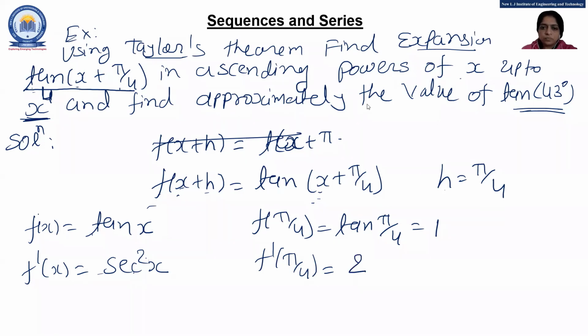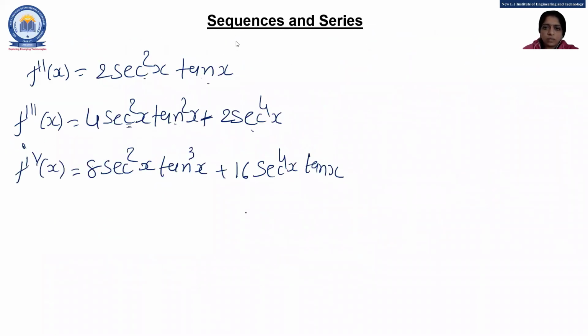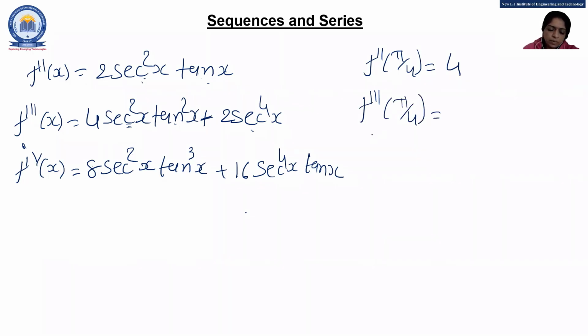For the third one, f double dash pi by 4, substituting the values, tan pi by 4 is 1, this is 2, 2 twos are 4. f triple dash pi by 4 is 60, and the fourth derivative at pi by 4 is 80.